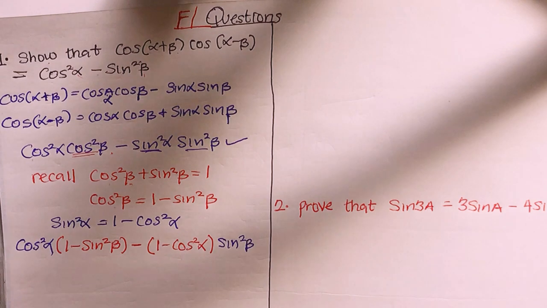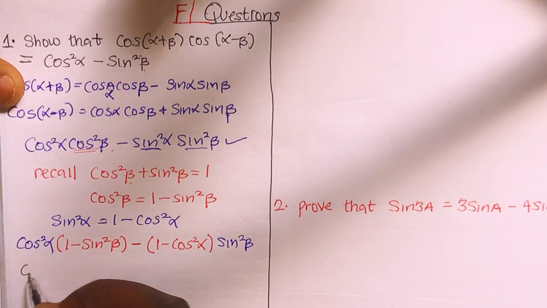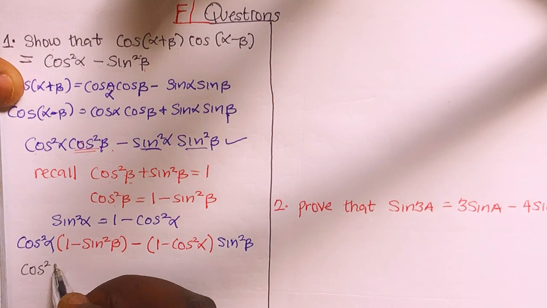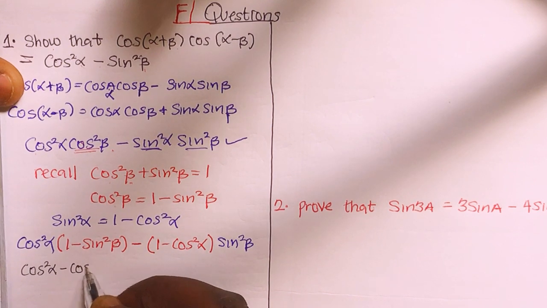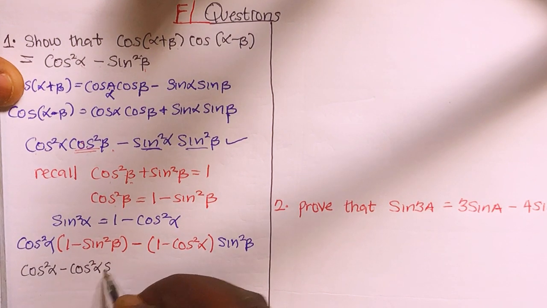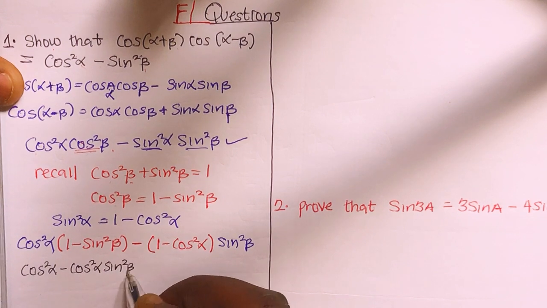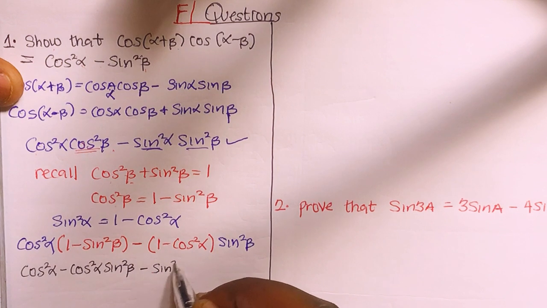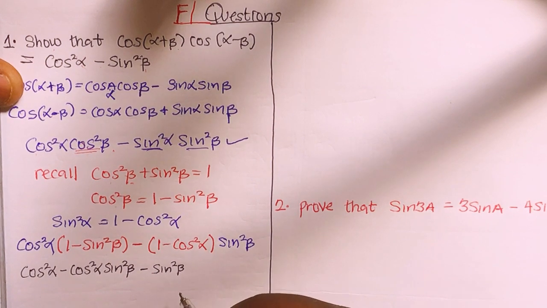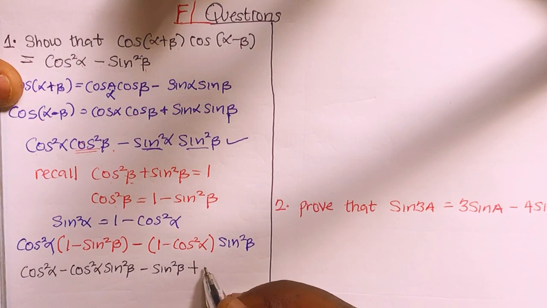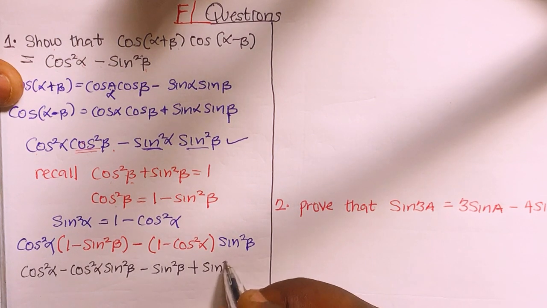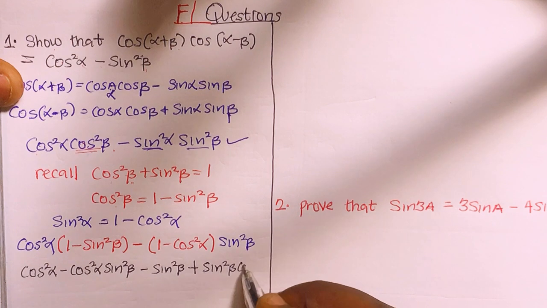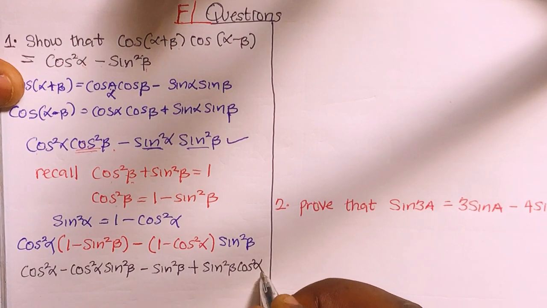Then let's see what happens if you open the bracket. You're going to have cos square alpha minus cos square alpha sine square beta, then minus sine square beta, and also plus sine square beta cos square alpha.